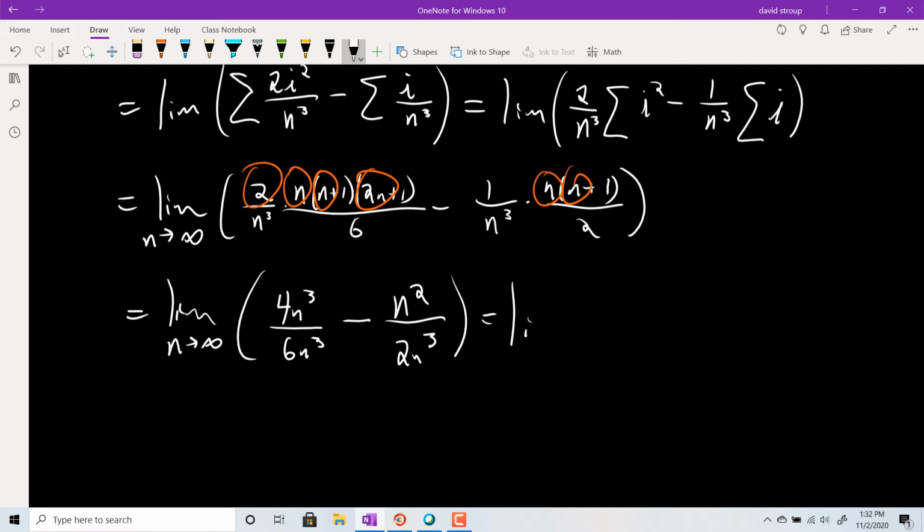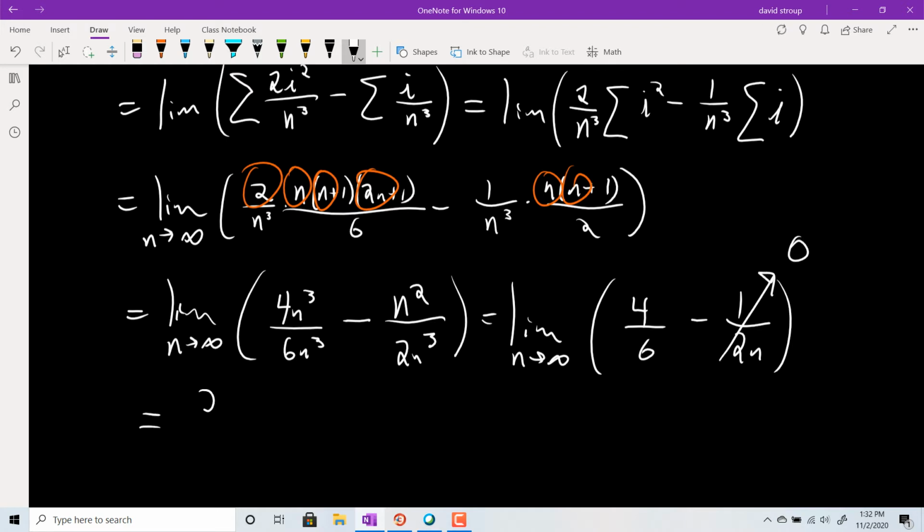Okay, and then we can simplify those to infinity: 4 over 6 minus 1 all over 2n. And of course, the second term will just go to 0. You'll be left with 4 over 6, which is 2/3.